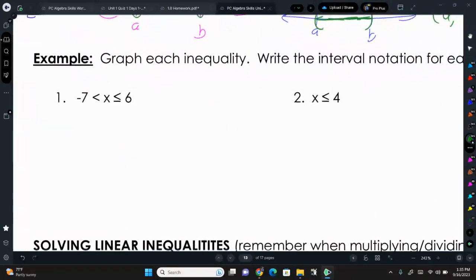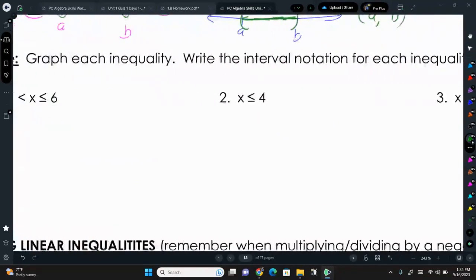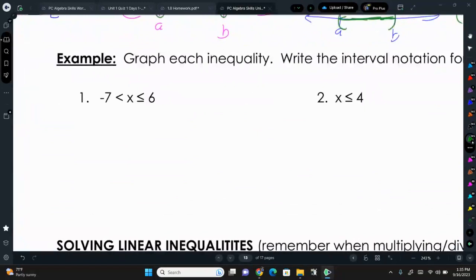So here we're going to graph each inequality and write the interval notation as well for the inequality. So we have x is greater than negative 7 but less than or equal to 6. So negative 7, 6. Now it's greater than negative 7, so parenthesis, but less than or equal to 6, so a bracket.